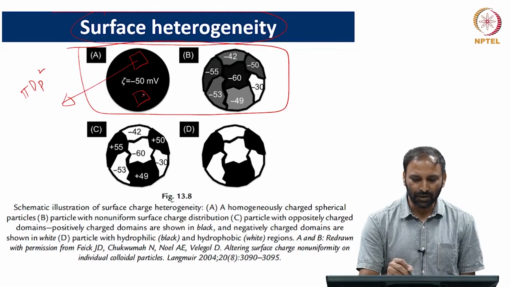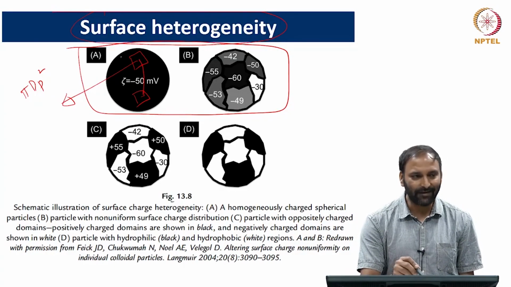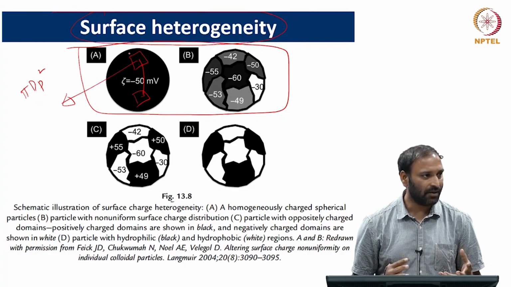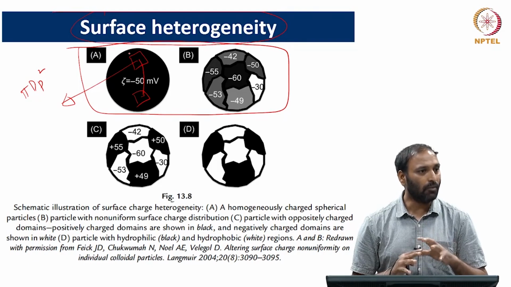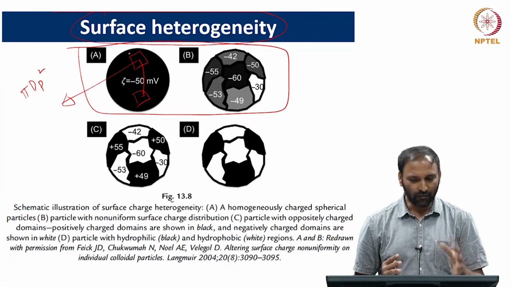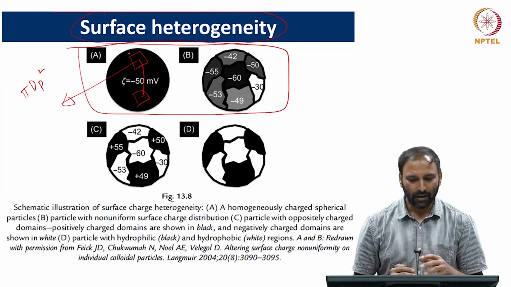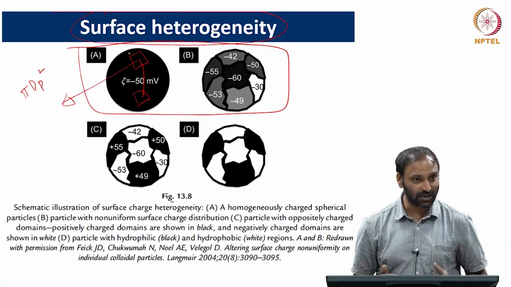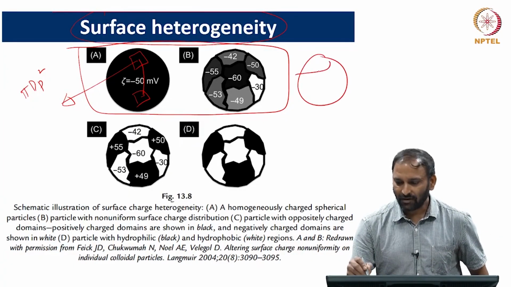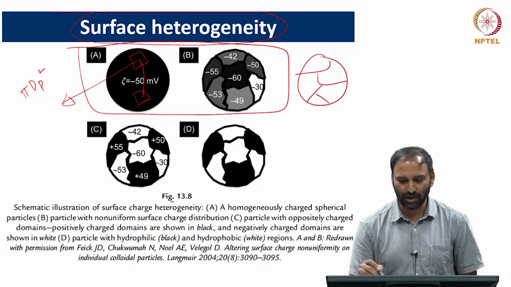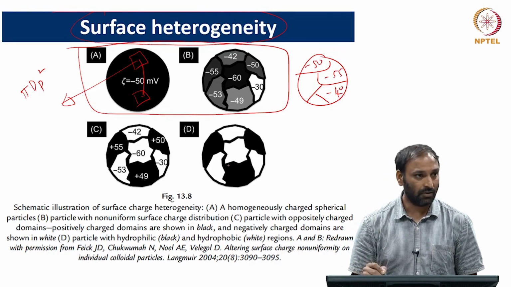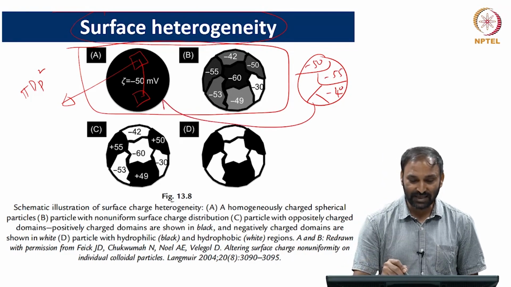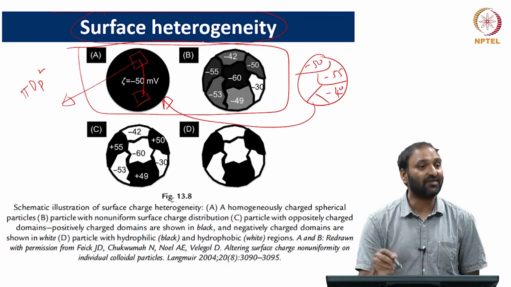If that number here and here or anywhere across the sample is exactly the same, that will give you a surface which is chemically homogeneous. Of course, you could have a particle which is similarly charged, but if this is my average zeta potential, I could have minus 50 here, minus 55 in some region or minus 40 in some region. That is still an example of a surface heterogeneity.